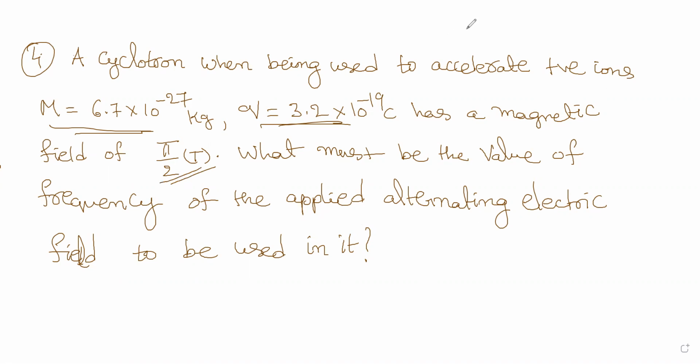So here we go for the answer. First, what we have to know is how to calculate the frequency in the case of a cyclotron, that is BQ divided by 2 pi m. This is the formula we need to apply.